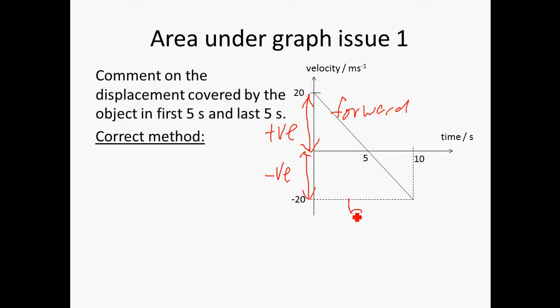So that means it's moving backwards. So this is the time that it is moving forward, and this is the time that it's moving backwards. If I draw the graph, the object is actually behaving something like that.